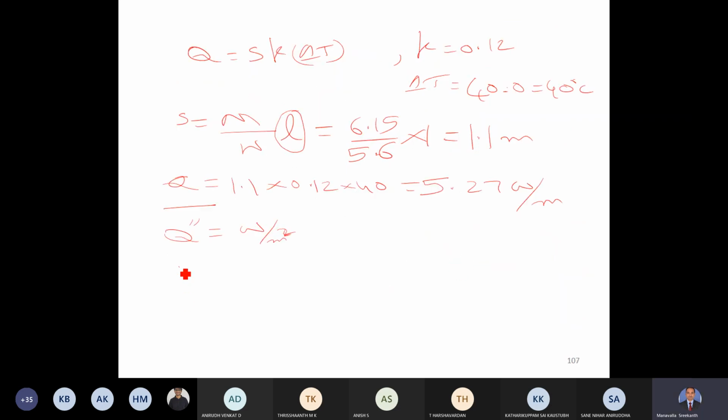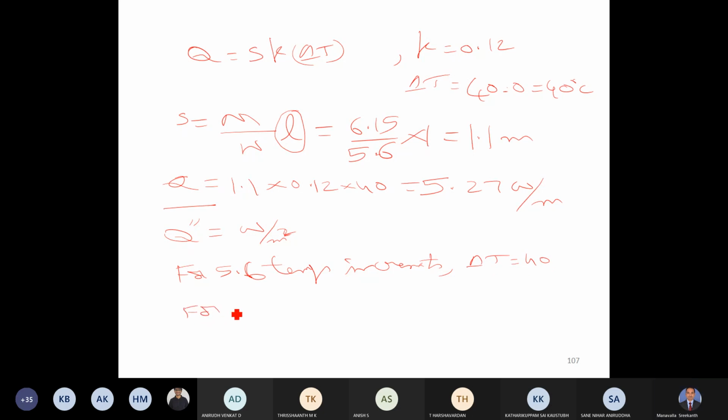So let us write this. For 5.6 temperature increments, delta T is 40.